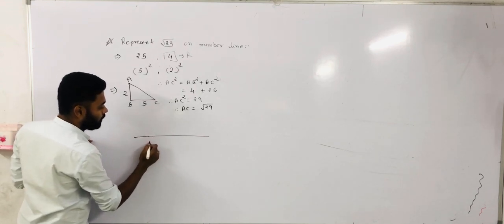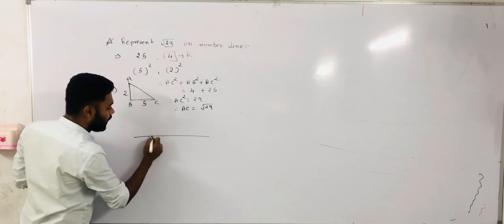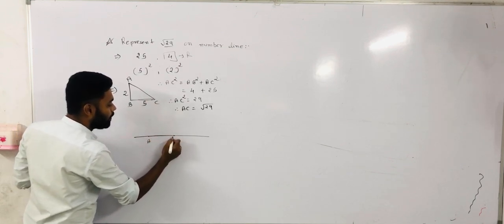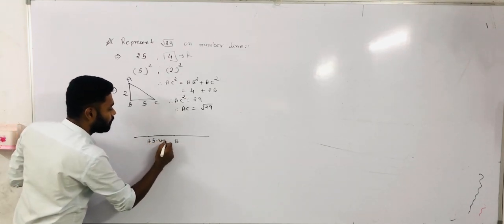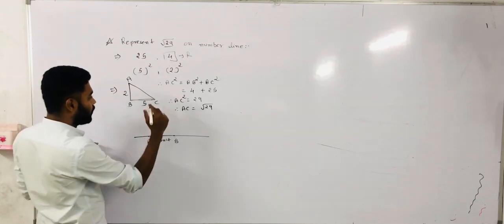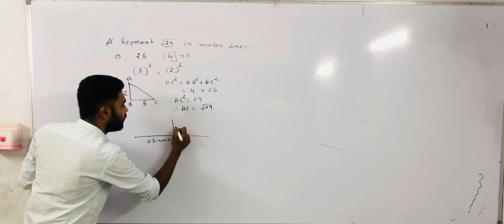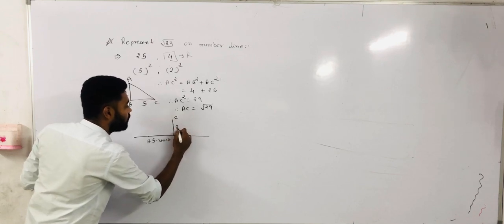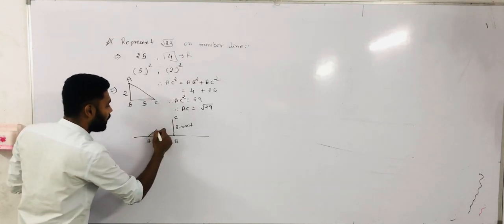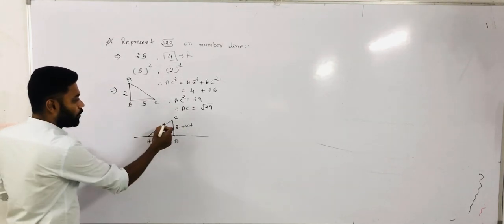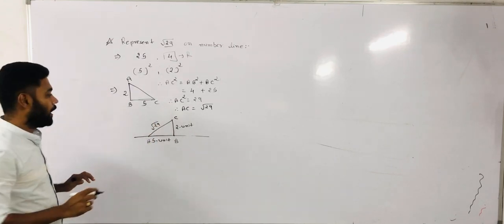On the number line, first take a length equal to 5 units, from A to B. Let's say this is our length of 5 units. From B, draw a perpendicular length of 2 units. So you will get point C, that is of 2 units. Now join A and C. So your length AC equals root 29.